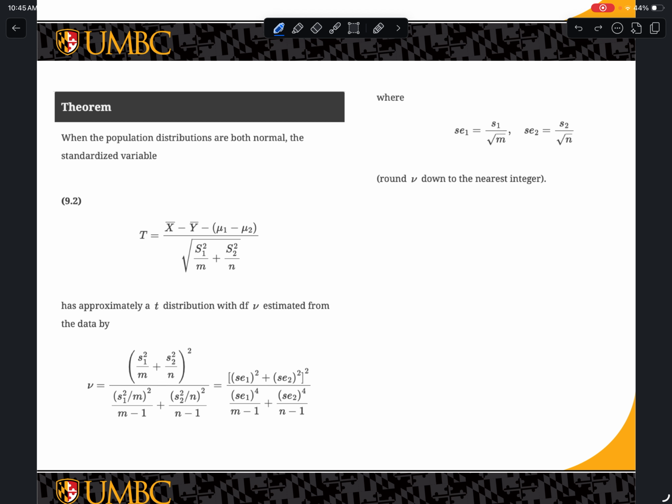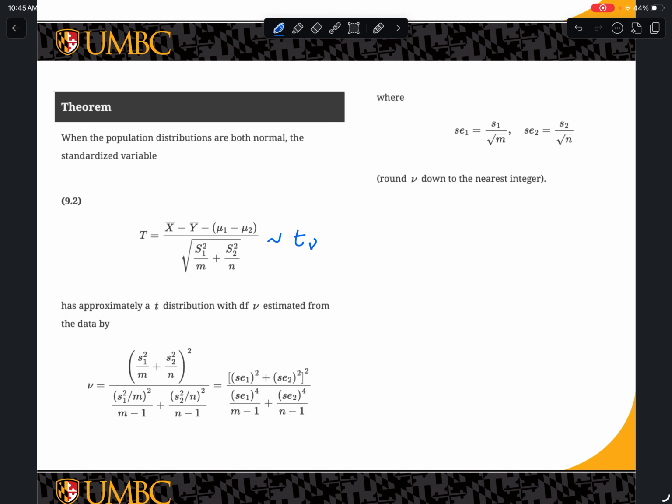So when you're doing these standard deviations of x bar minus y bar, then it's an estimate. But the point is, you are taking x bar minus y bar, subtracting off its mean, and dividing by its standard error. And when you do that, if you knew everything in this expression here, this whole thing would be distributed as t with a particular degrees of freedom.